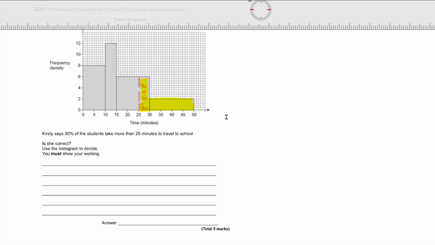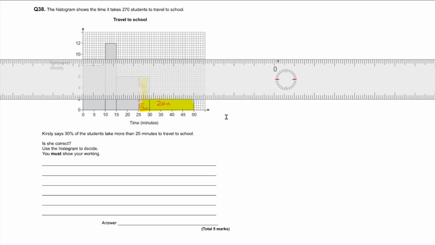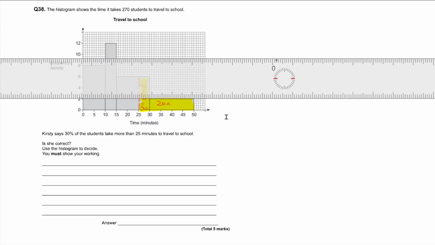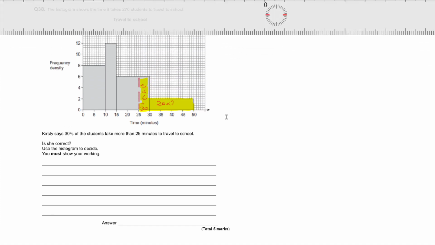And then the other bar has got a width of 20 and a height of, seems to be exactly 2. 20 times 2, so that represents 40 people there. Okay, so we got 30 and 40, so the number of students is 30 plus 40 from the 2 bars, that's 70.